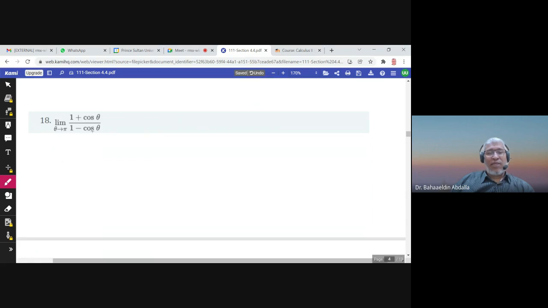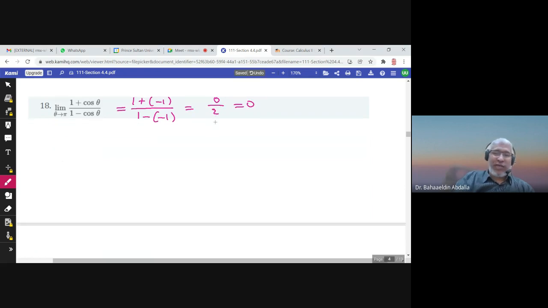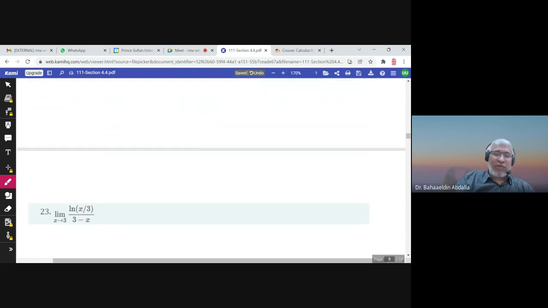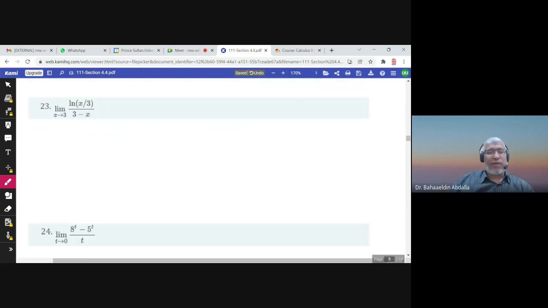So 1 plus cosine pi, cosine pi is negative 1. So I have 0 over 2. So the answer is 0. There is no L'Hopital's here because the limit is not 0 over 0 or infinity over infinity.